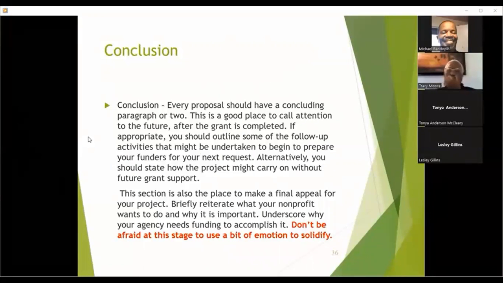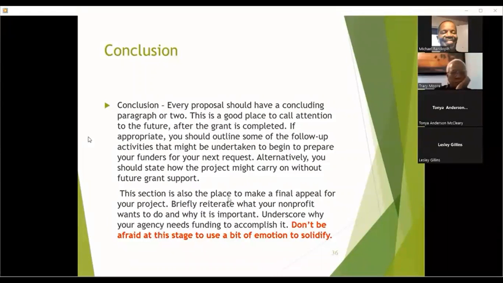This is when you could talk about what you plan to do once this grant runs out, how you plan to prepare additional funding sources after this grant runs out in order to continue the process. Or what you're going to do with this grant to position yourself in order to create what's known as earned income. And we're going to talk about earned income later on in the presentation.